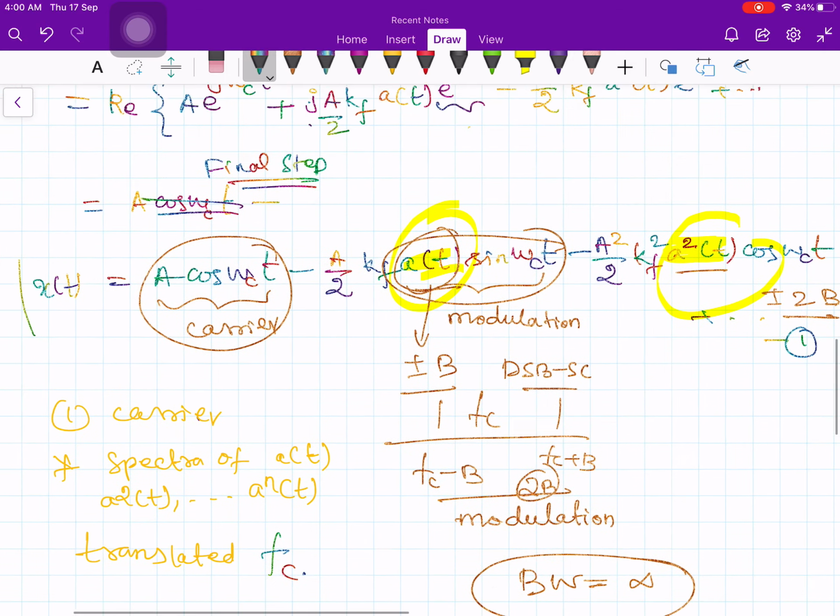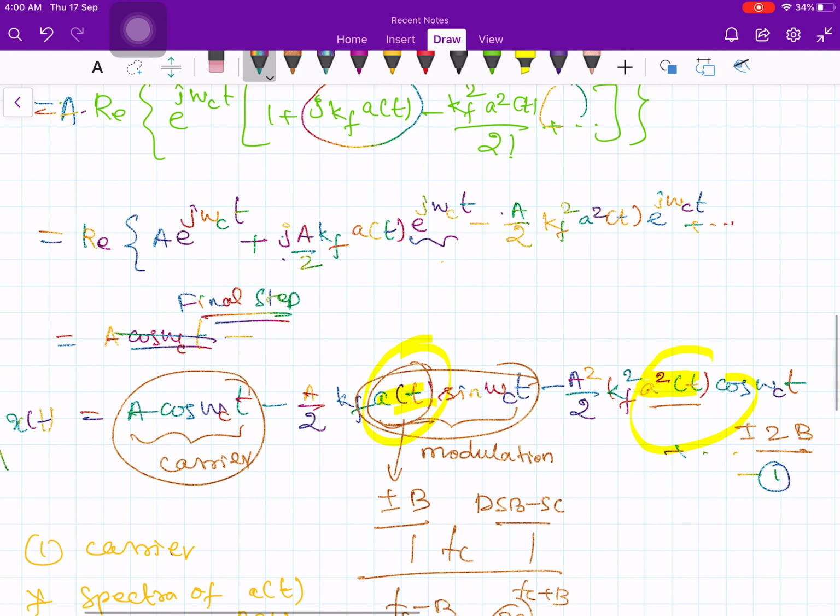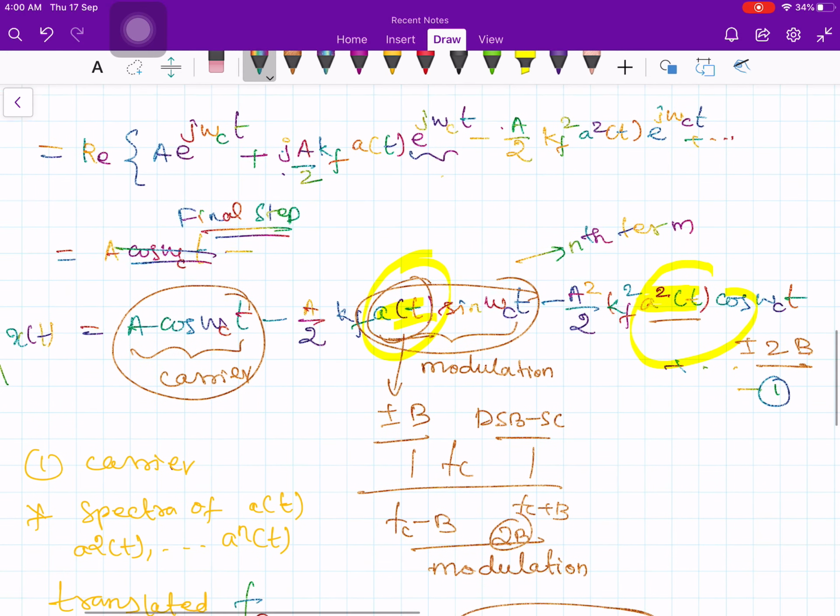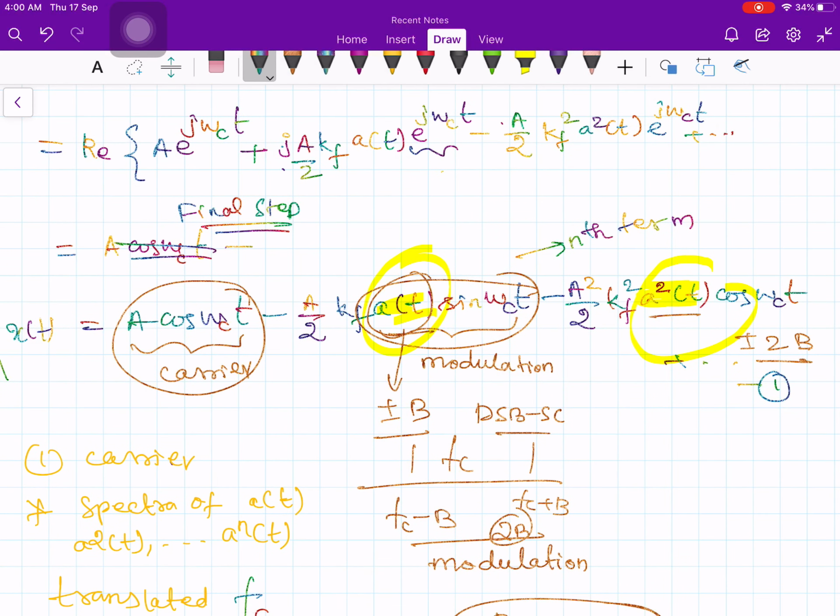Now in this expression, look at the nth term. What will you have? Remember when we discussed non-linear systems briefly, we discussed that it generates additional frequency components. For example, if you consider the nth term, it will be a to the n of t, right?